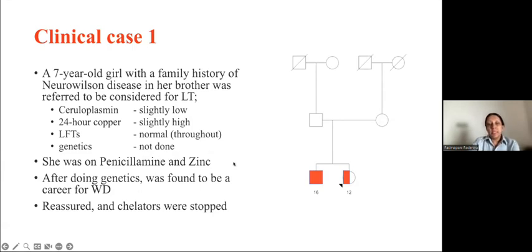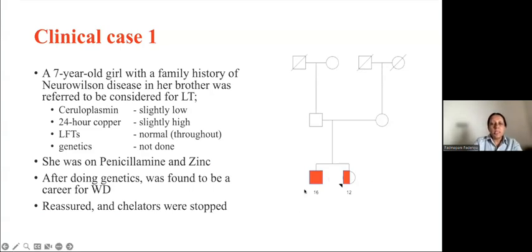Then our team had a doubt, because even for Wilson's carriers, there could be a slightly low ceruloplasmin level with a slightly high 24-hour copper. So we wanted to do genetic studies in this family. First, if you do genetic testing, you have to test the affected patient first, then find the family mutation, and then go for carrier screening.